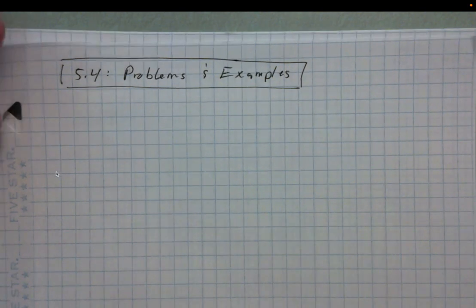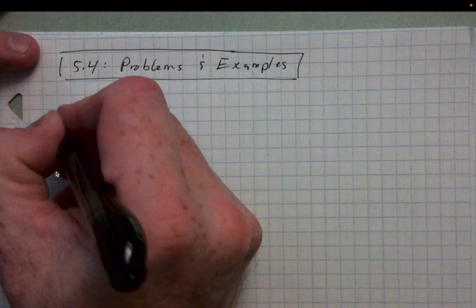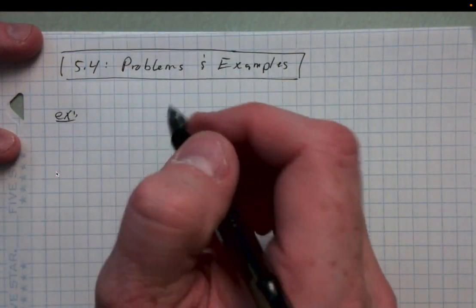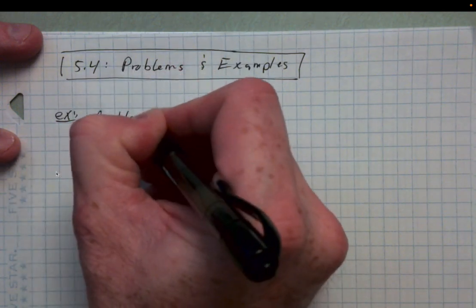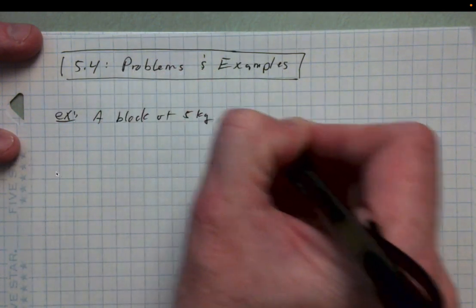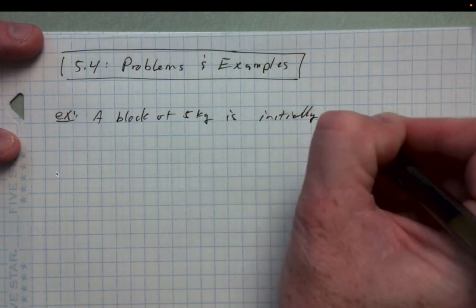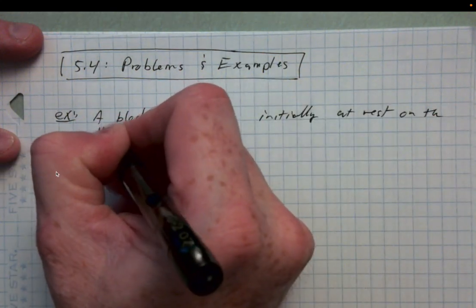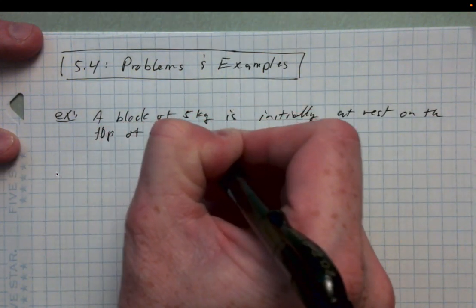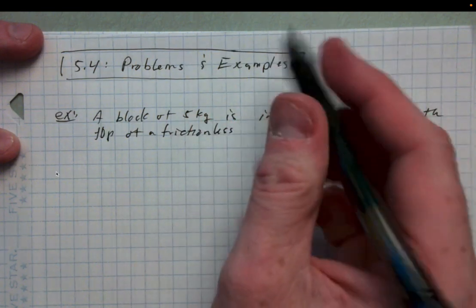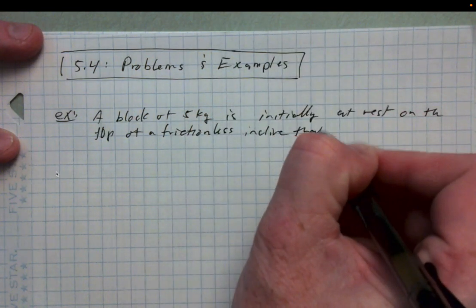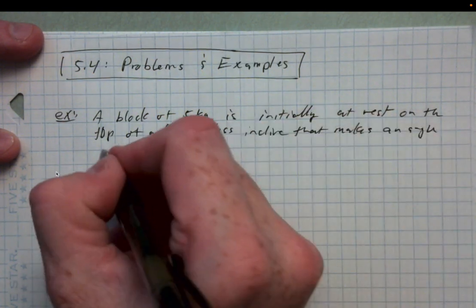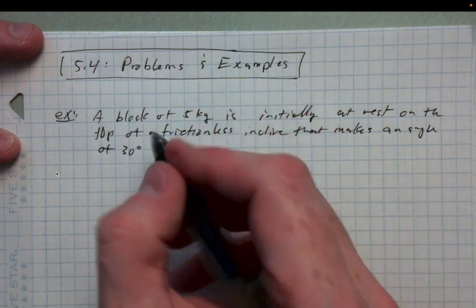So the first one goes like this. A block of mass 5 kilograms is initially at rest on the top of a frictionless incline that makes an angle of 30 degrees with the horizontal.